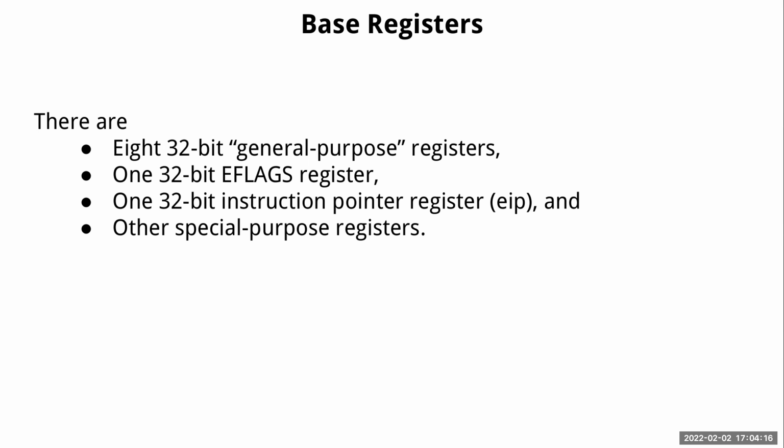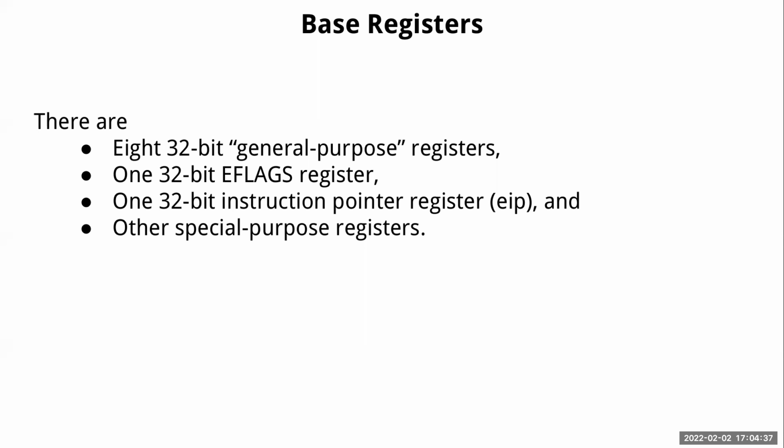Besides the 8 general registers, there is one special register called EFLAGS. As you can see, E stands for extended. Then there is FLAGS, so obviously there was an older version of x86 which had a flags register, and it was extended to 32 bits. That's why it's called EFLAGS.